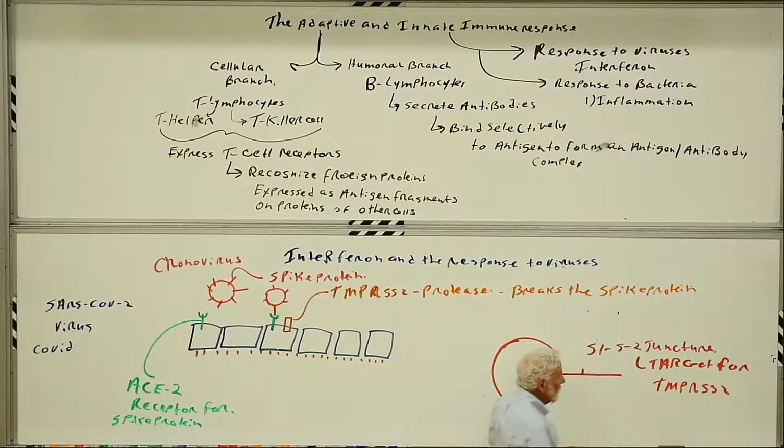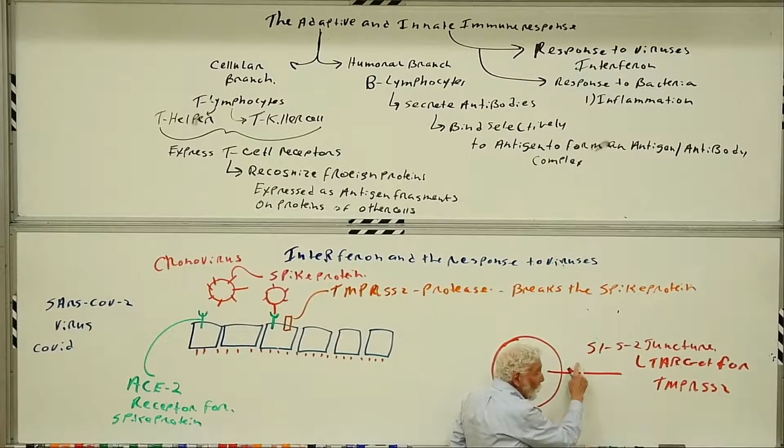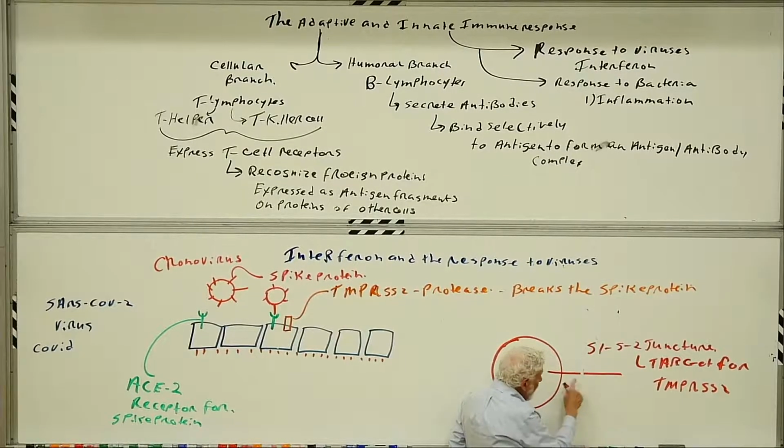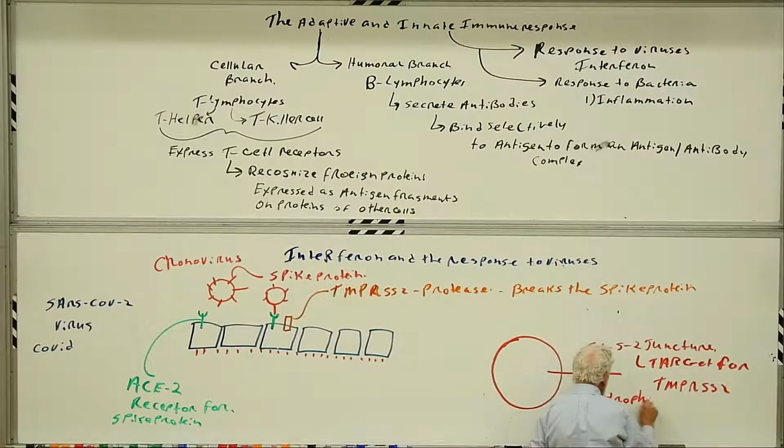It's a protease. So what it does is it clips it right there. When it clips this S1-S2 segment, it exposes in this region a series of hydrophobic amino acids.